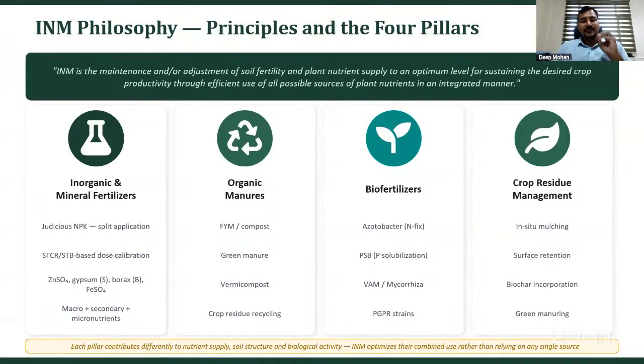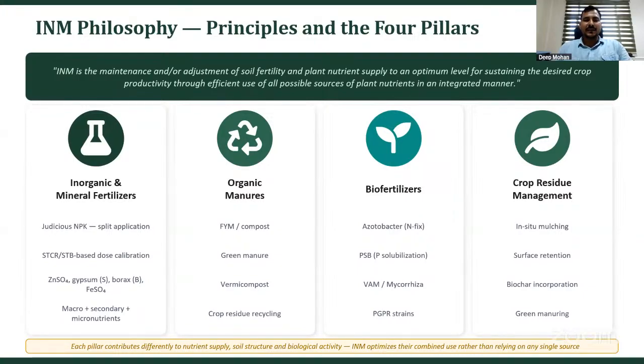These fertilizers are the backbone. Without them, high yield in maize is not possible. But use them properly, through soil analysis based application, split application, and many other tools.